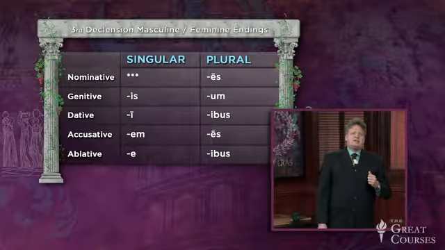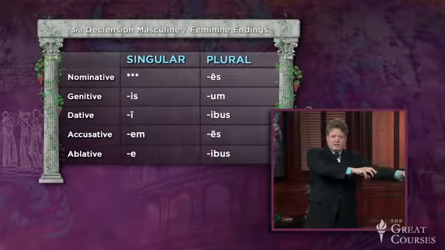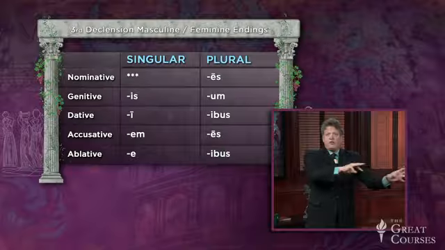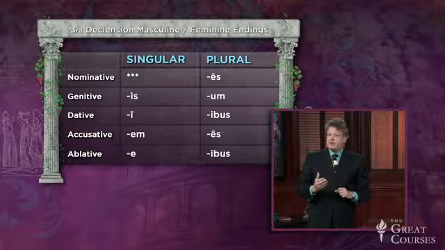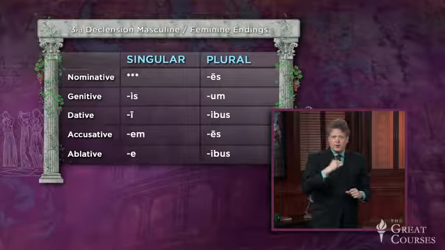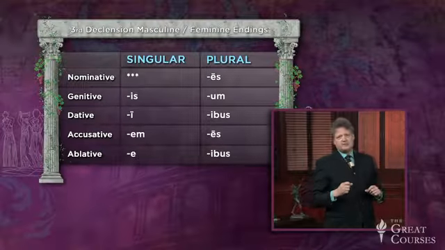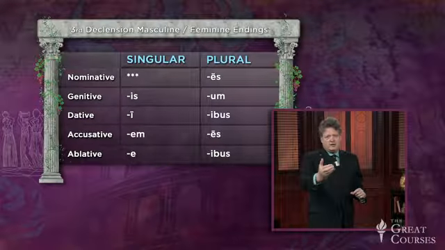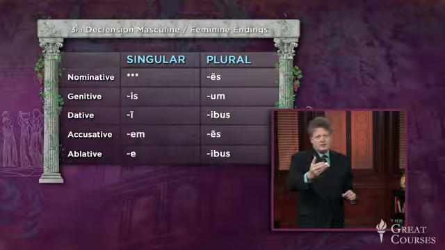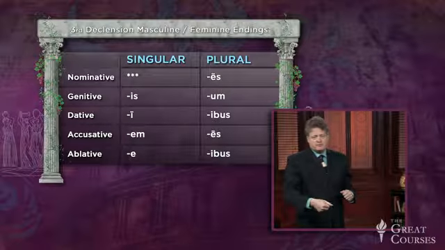Let us now recite the 10 endings from the nominative singular, blank, all the way to the ablative plural, ibus, together. On the count of three. Unus, duo, tres. Blank, is, i, em, e, es, um, ibus, es, ibus.